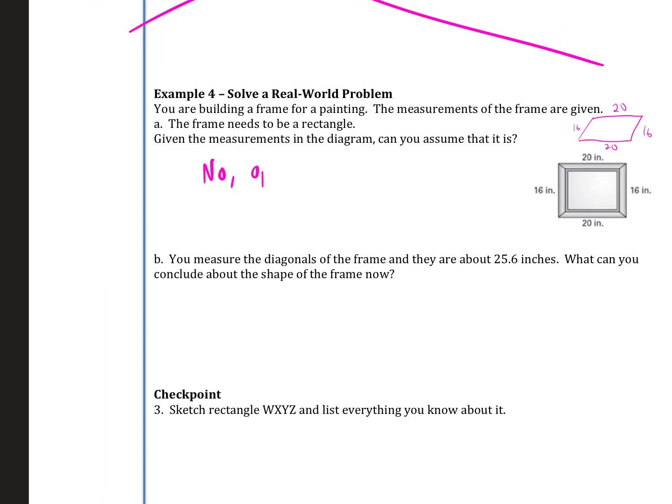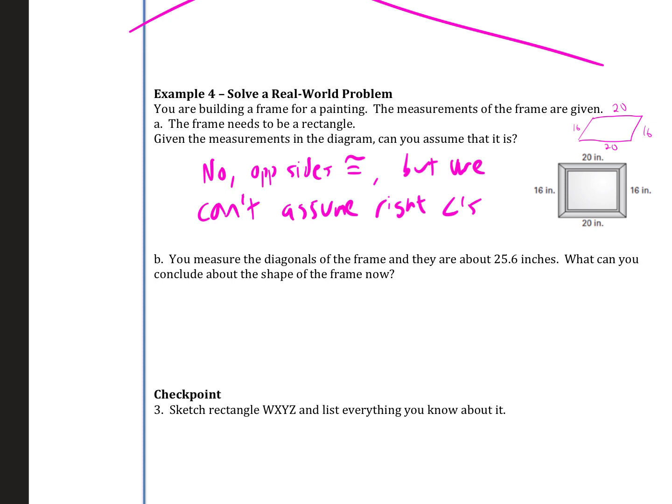We know the opposite sides are congruent, but we can't guarantee or assume right angles, which makes something a rectangle. It kind of looks like a rectangle, but we don't know anything about the angles.